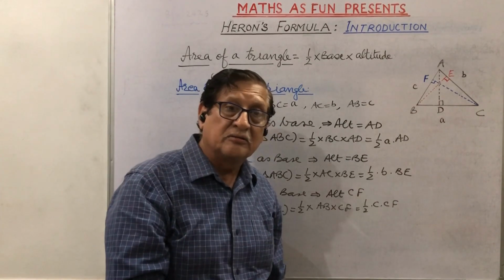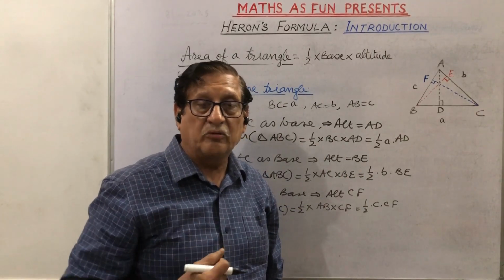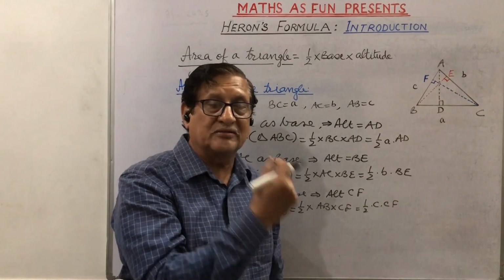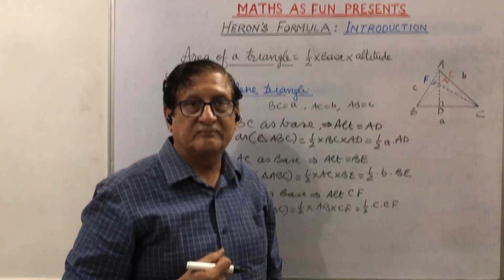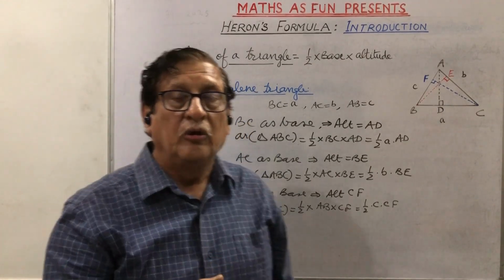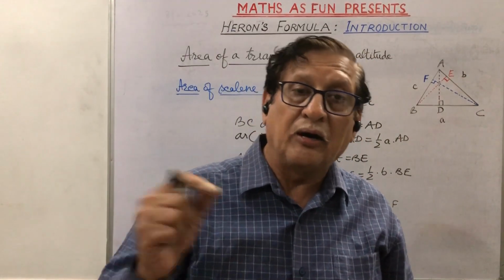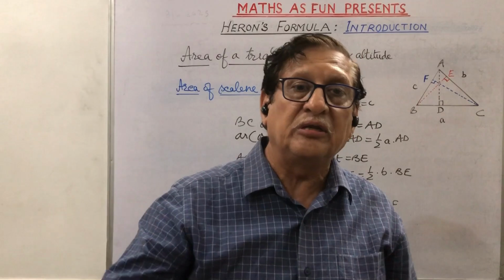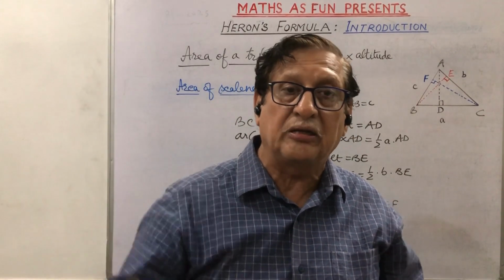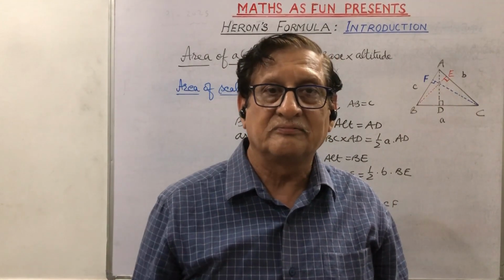And hence Heron's formula was developed by the scientist Heron. We will be discussing in the next video what Heron's formula is, and how to apply it to find out the area of the triangle. It can be applied to find the area of any type of triangle, let it be any of the 6 triangles.